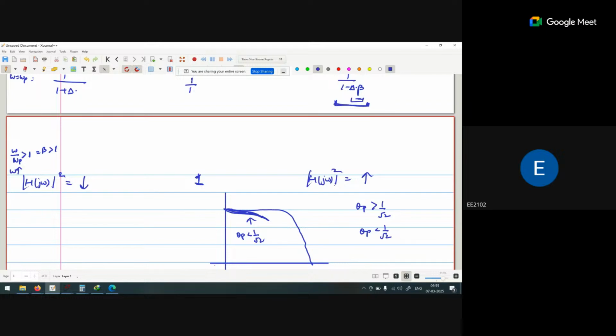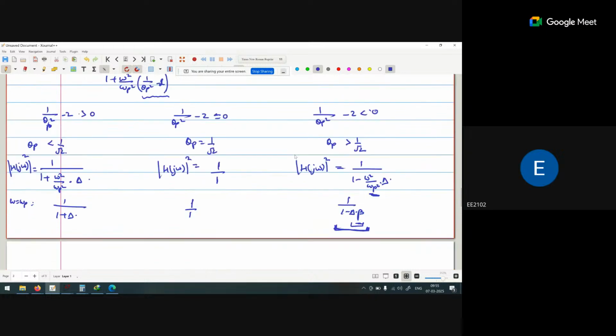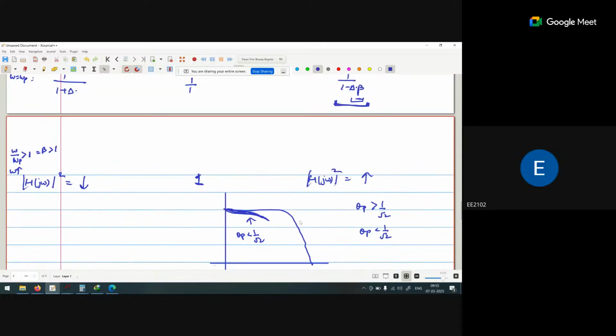Clear? And similarly, if we are talking about Qp greater than 1 upon root 2, as we increase the omega, it will be increasing.